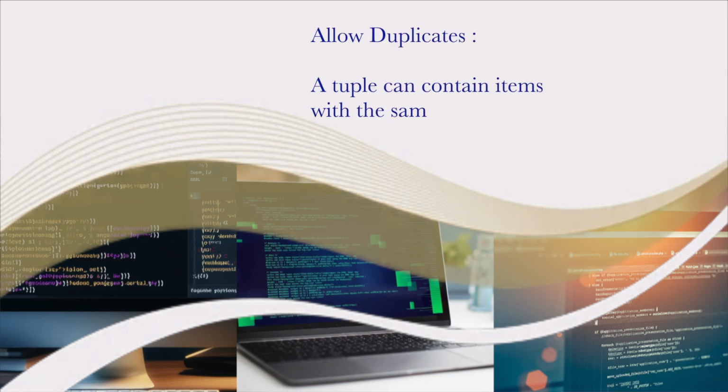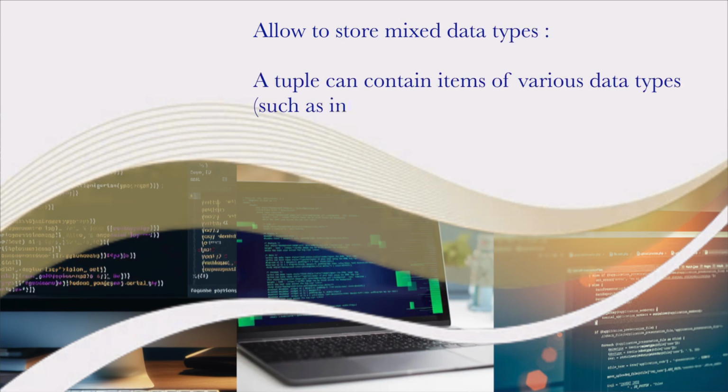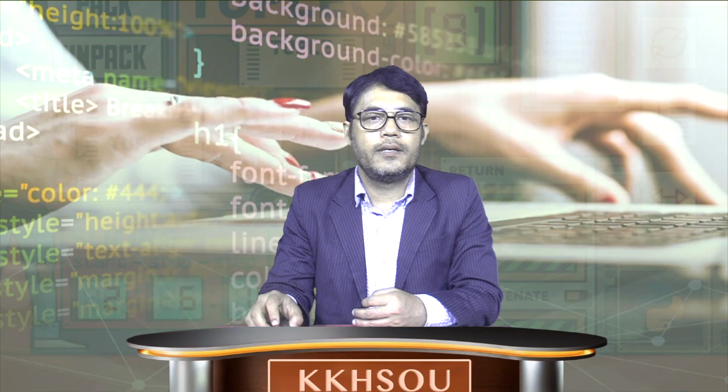Another important characteristic of a tuple is that, like a list, a tuple can also store duplicate items, that is, items with the same values. Finally, like a list, a tuple can also store mixed data items, that is, various data types such as integer, float, string, and list.